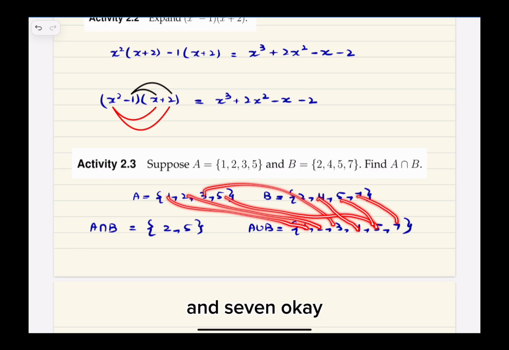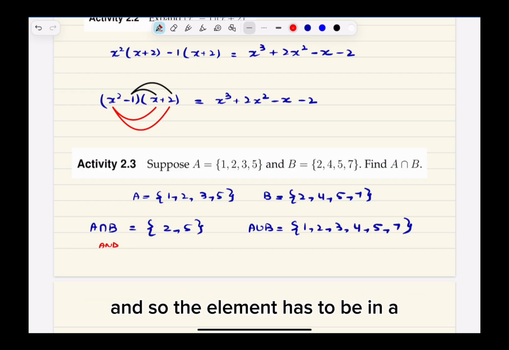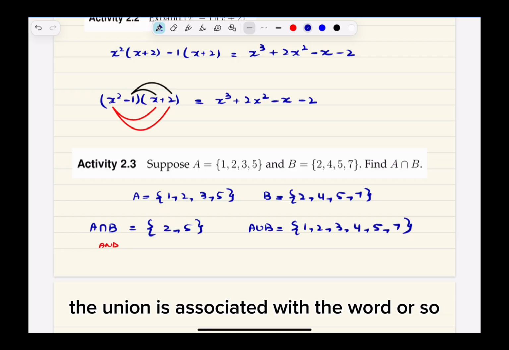Okay, good enough. Remember, the intersection is associated with the word and. So the element has to be in A and it has to be in the set B. And the union is associated with the word or.